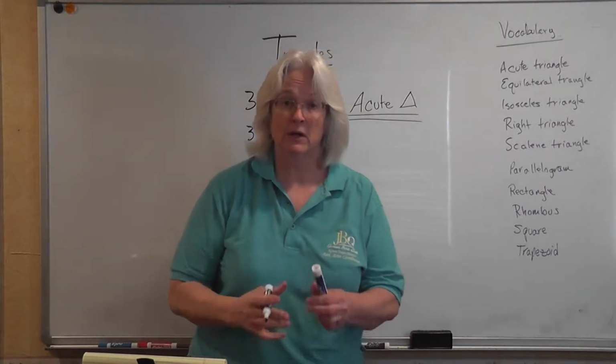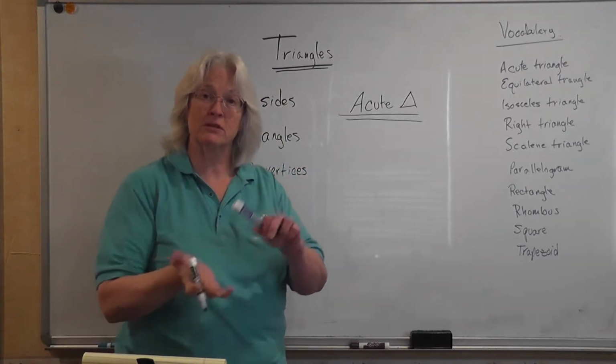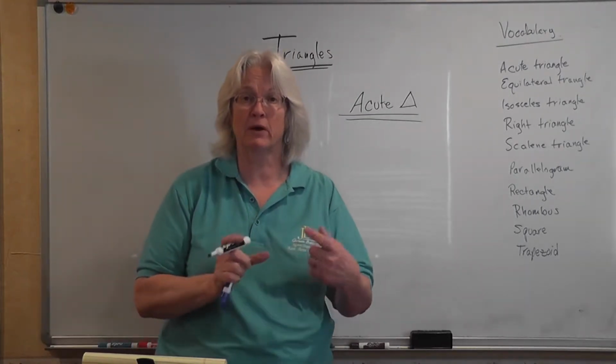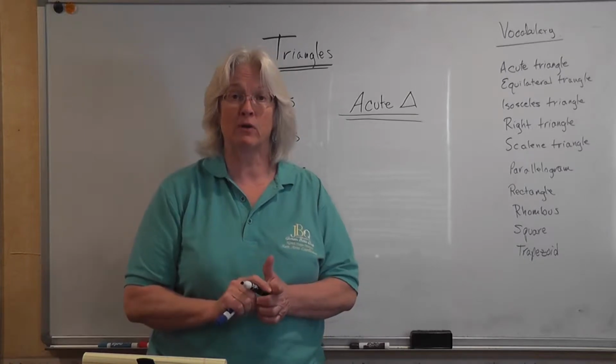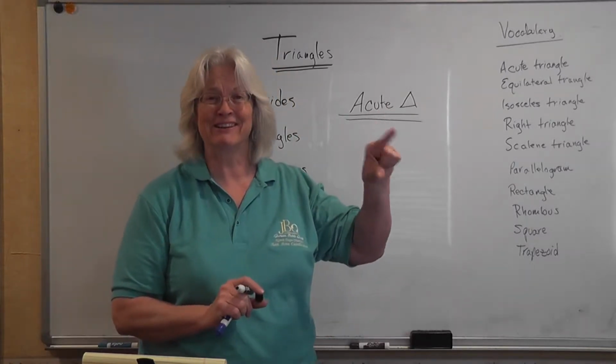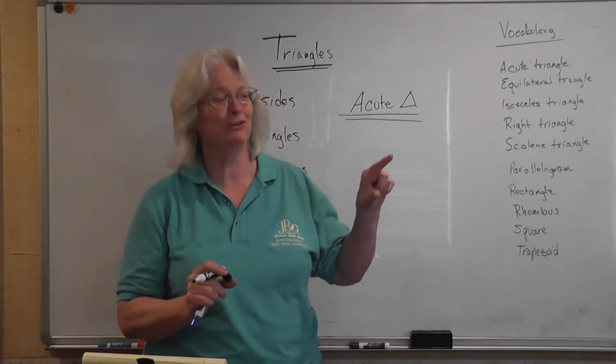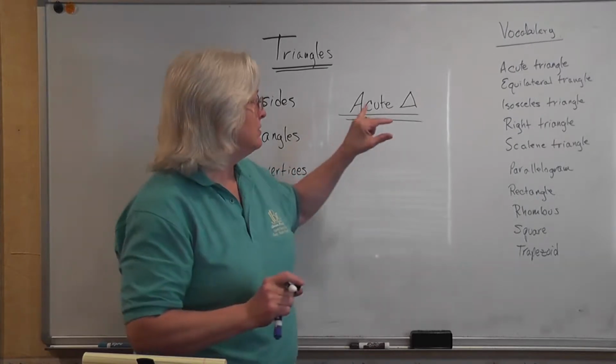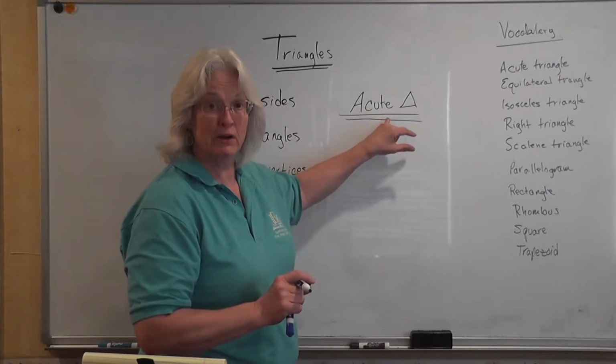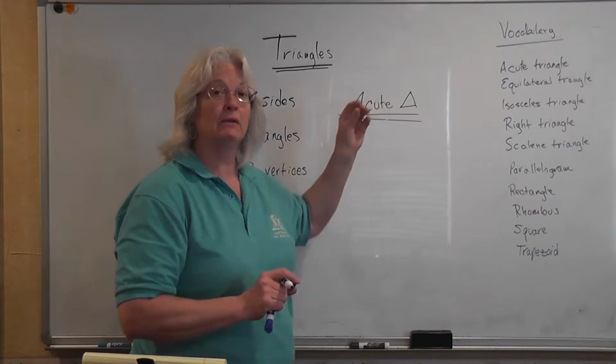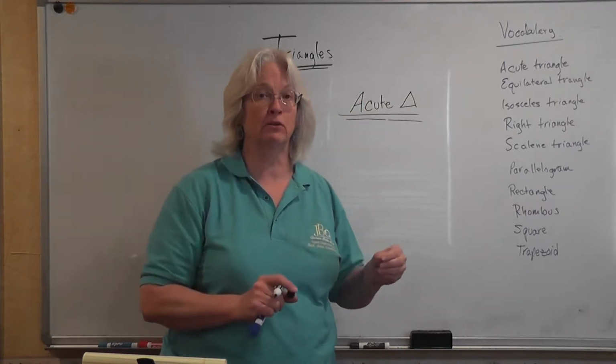And I'm just going to use the triangle shape as an abbreviation for triangle. We talked about angles in our last lessons, and we talked about obtuse and about acute. All acute angles have to be greater than 0 degrees and less than 90 degrees.